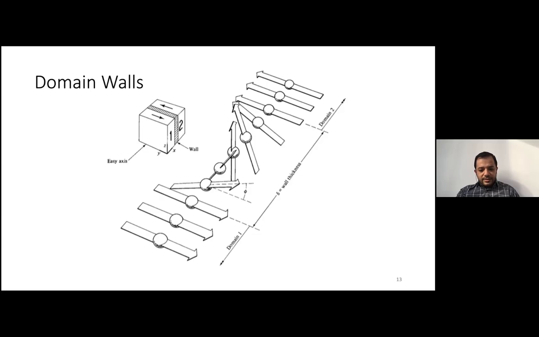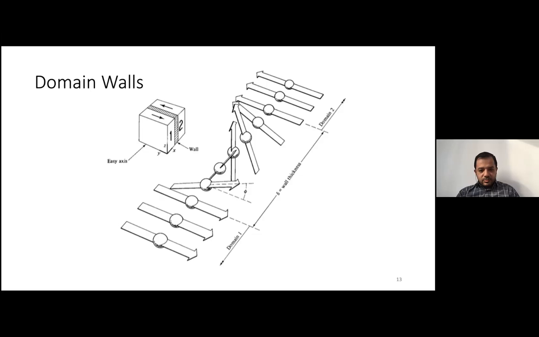The way the magnetic moments rearrange themselves to minimize the magnetostatic energy that I discussed is by changing their position and angle towards one another, right? You can clearly see this in this image.